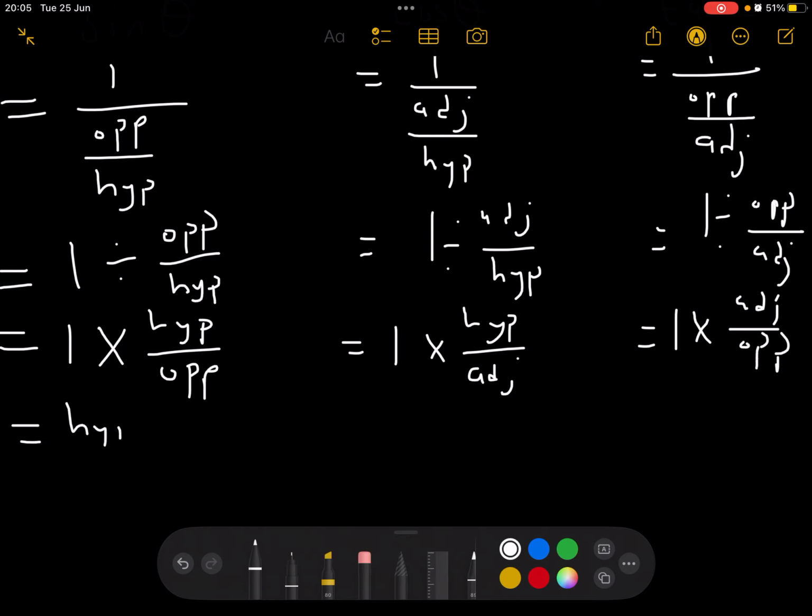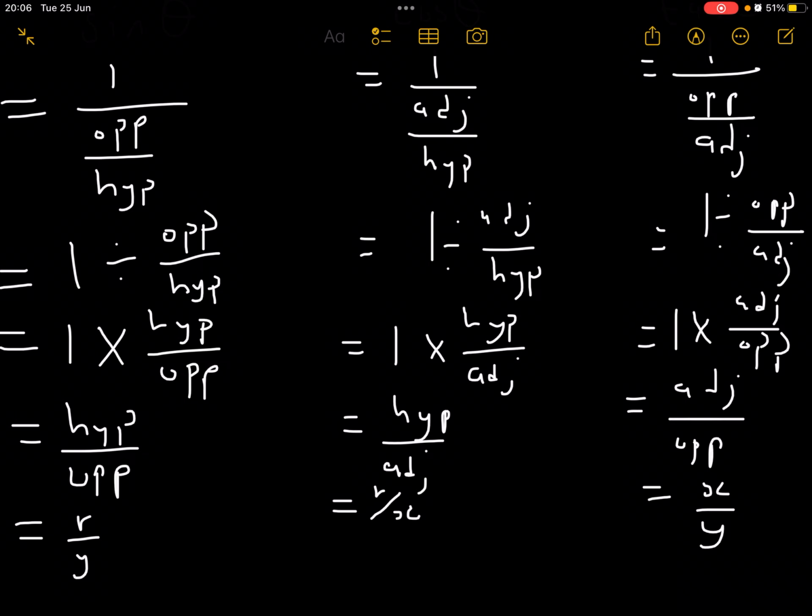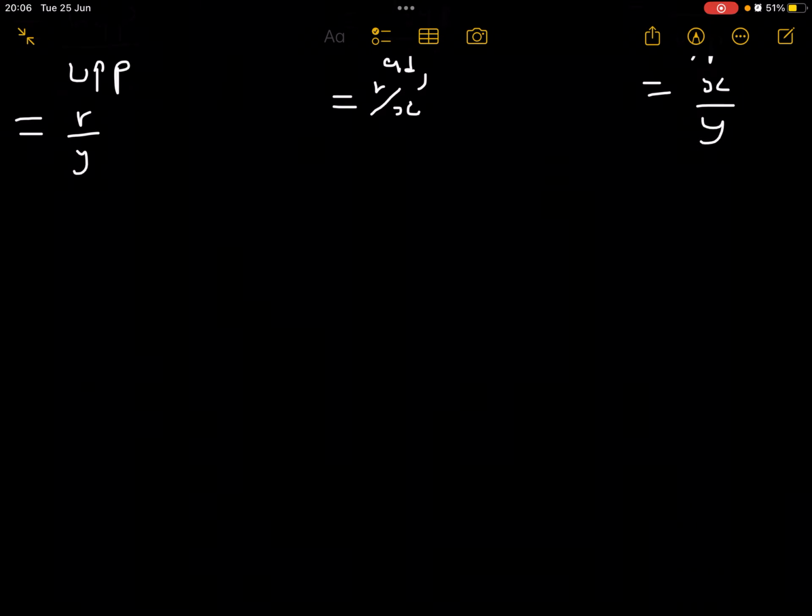Basically, this is just hypotenuse over opposite, which in variables is r over y. Then this one becomes hypotenuse over adjacent, which in variables is r over x. This one becomes adjacent over opposite, which is basically just x over y.